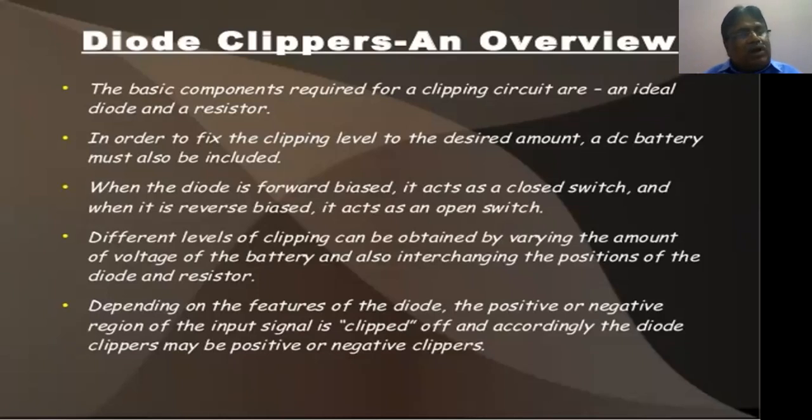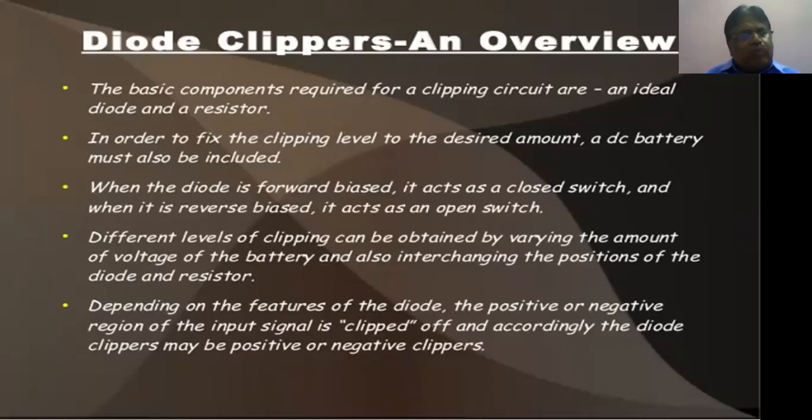When it is reverse biased, it is an open switch. Open means there is no power supply. The current is not passing to the output side because the diode is open. The gate is open. That is the difference between forward and reverse bias.